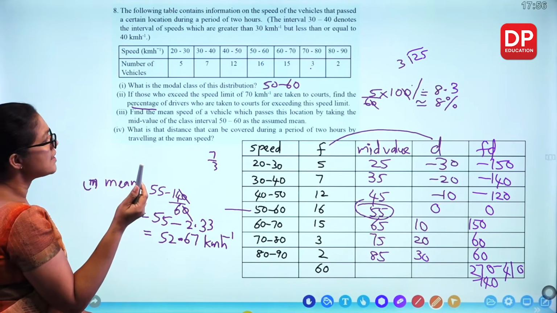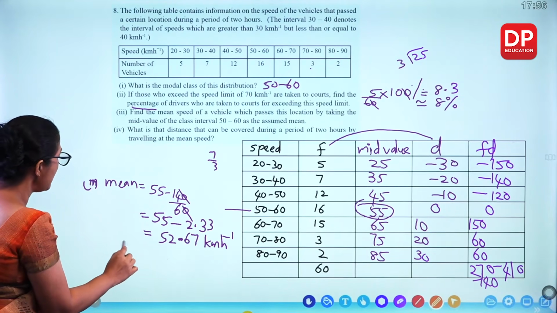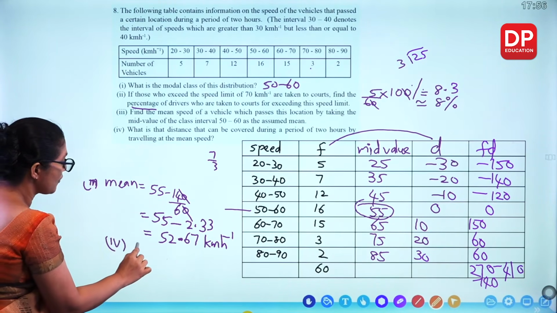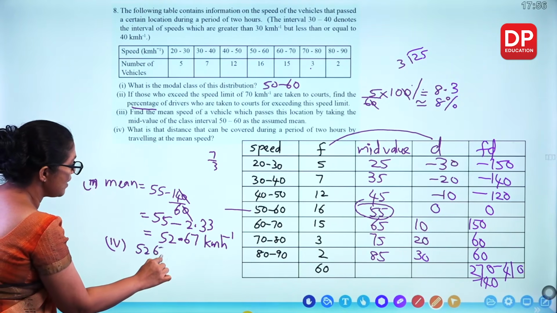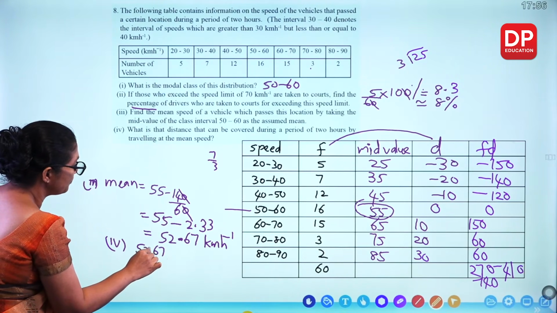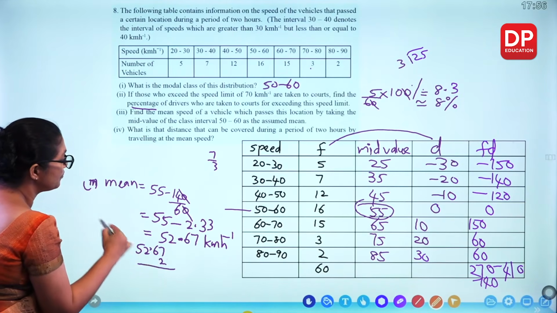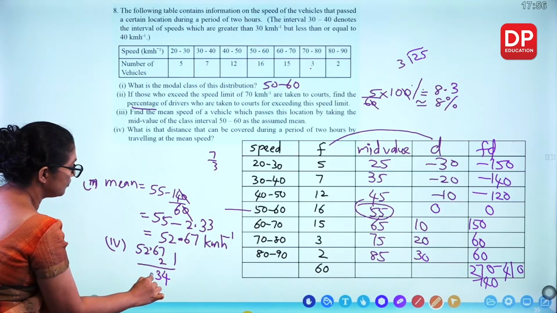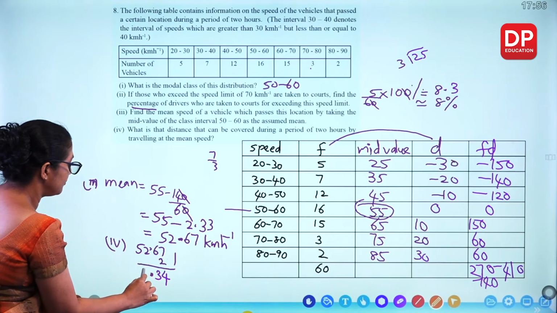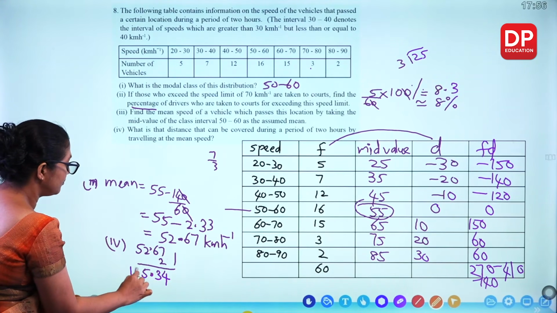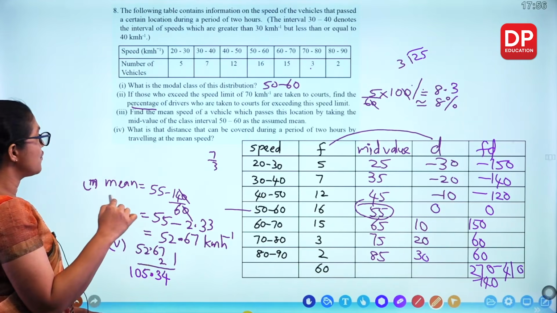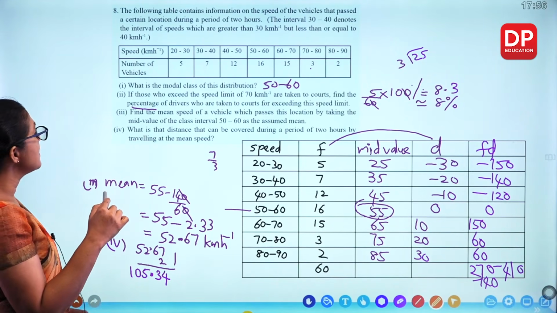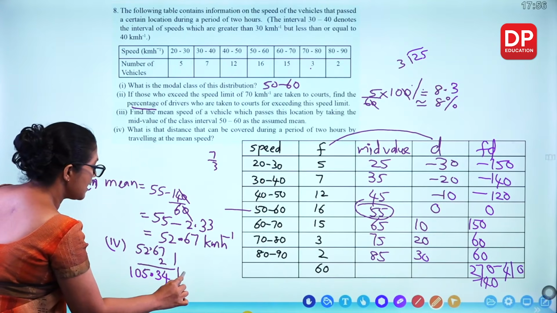For 2 hours, you multiply this by 2. So 52.67 multiplied by 2, you get 105.34. So that's the distance in kilometers.